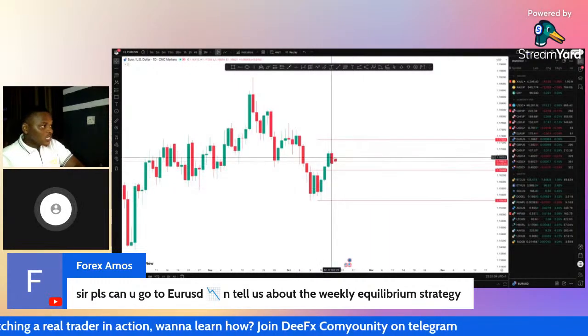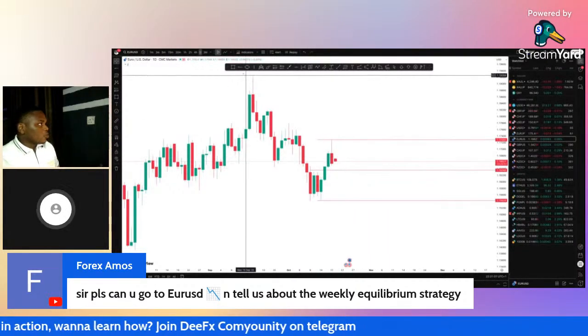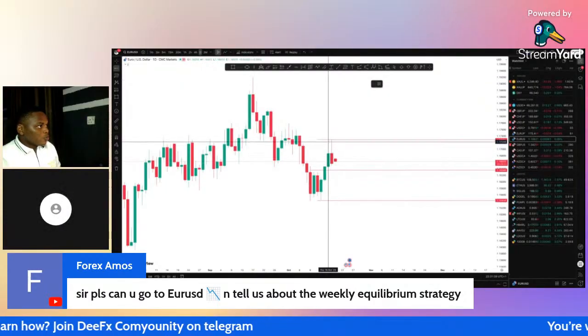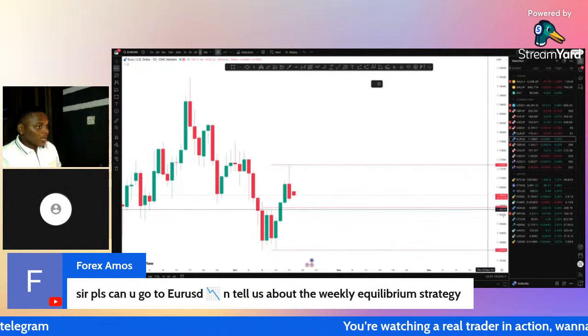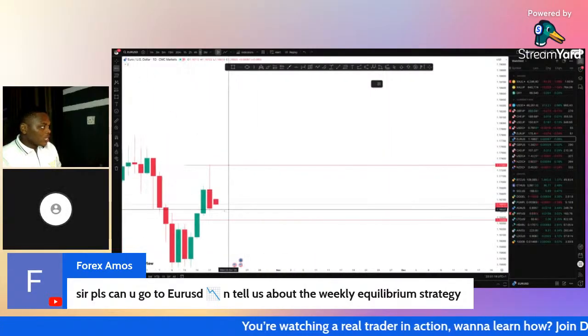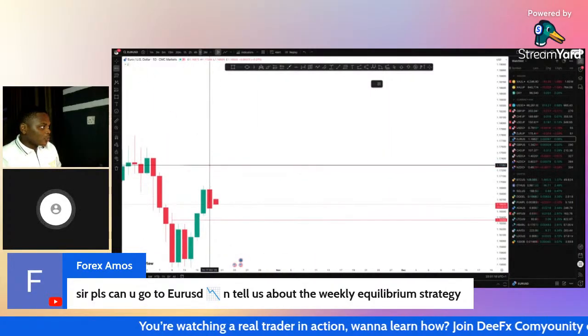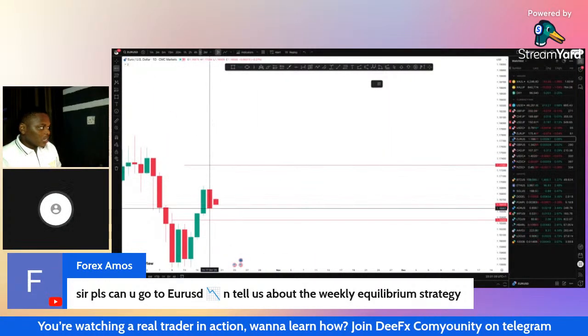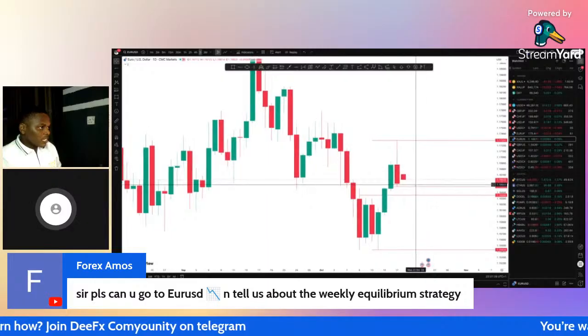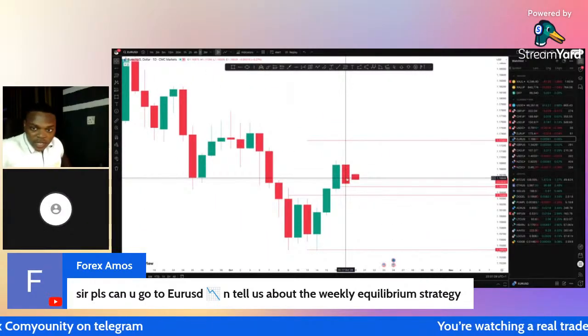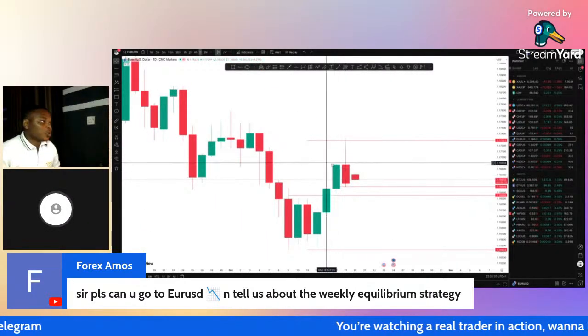Okay, so with this, I can now look at the daily candle. We need to streamline our strategy into looking at the daily candle. This point here is the highest point of the Friday candle, while this particular point here is the lowest point of the Friday candle. So that red candle is the Friday candle, and you can see the lowest point price got to there.